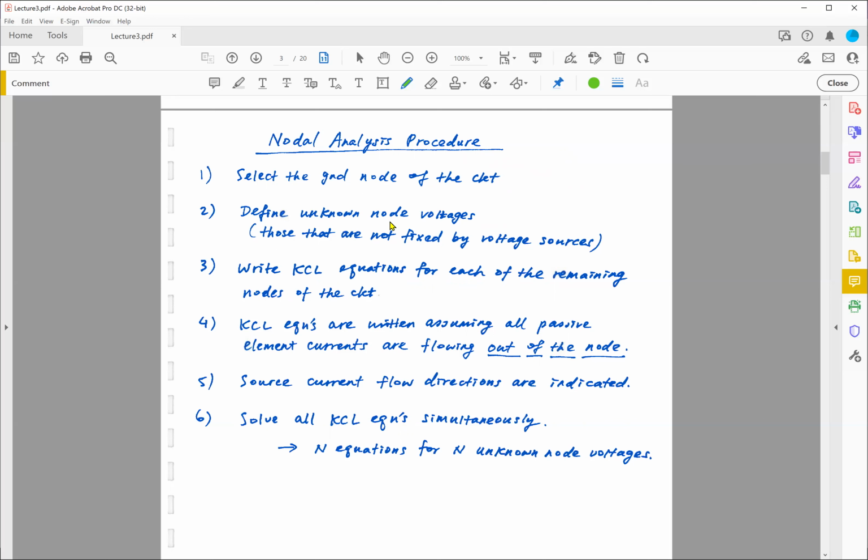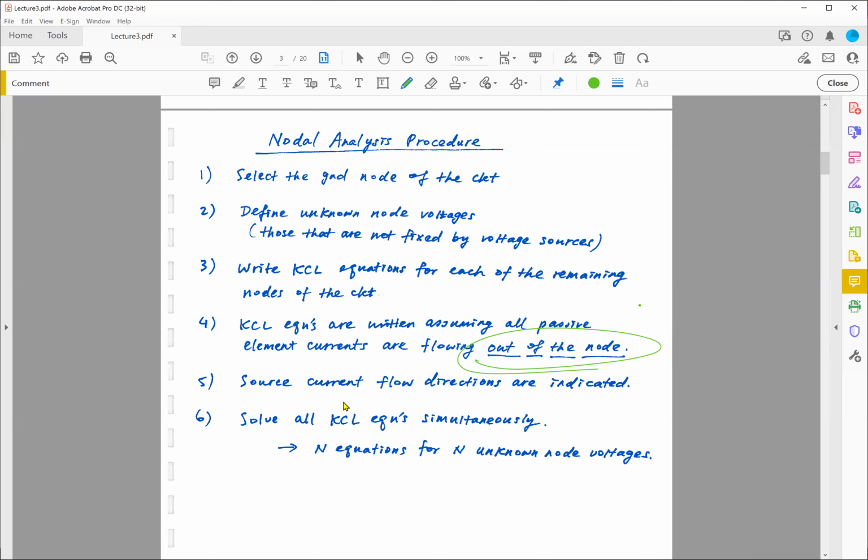And in particular, those node voltages should not be fixed by voltage sources. Number three, you're going to write KCL equations for each of these nodes. Number four, KCL equations are written assuming all passive element currents are flowing out of the node. And I'll illustrate this point using examples later.